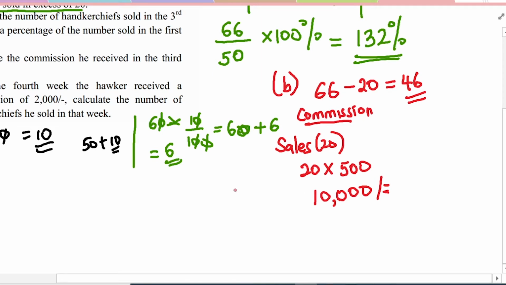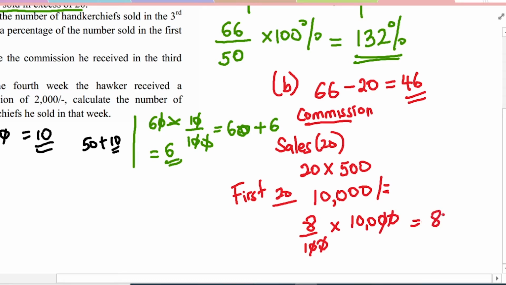That is the first 20. He receives a commission of 8% on the first 20 handkerchiefs. So 8% of the sales for the first 20 handkerchiefs, which is 10,000, will end up being 8,000. So that is 8,000, the first 20 handkerchiefs.